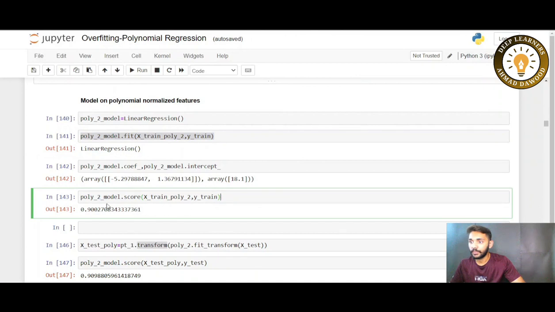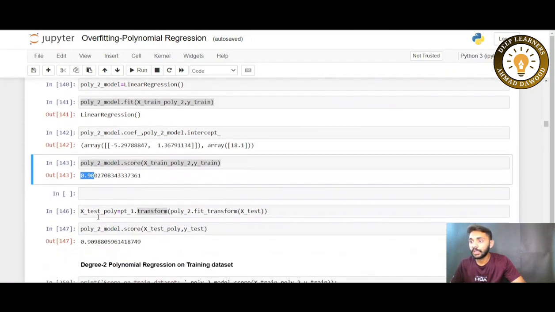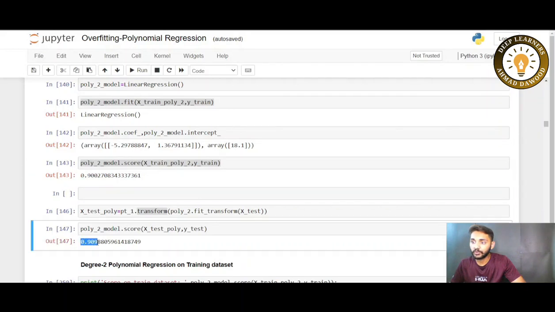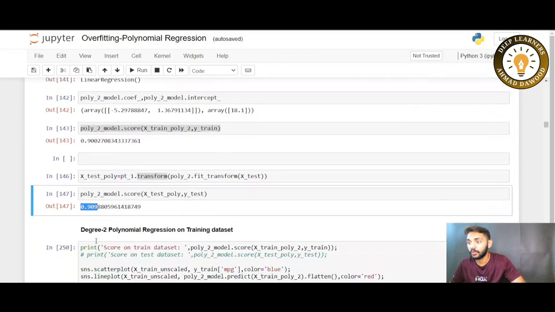and here I am testing my model's score on my training data points, and you can see here, as I have updated my polynomial degree, my score on the training data points is updated, and it becomes 0.90 from 0.85. Now on the test data points, it is also giving the same type of score, 0.909, which is also quite good.